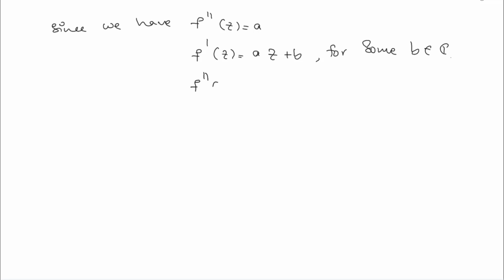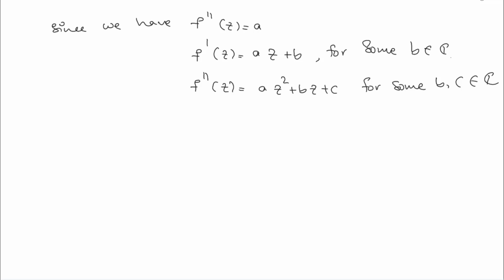And similarly, f of z can be written as a z square plus bz plus c for some b, c belongs to C, the set of all complex numbers.